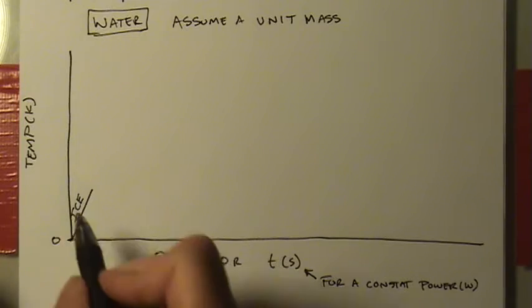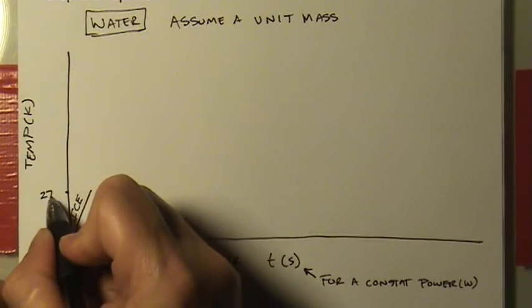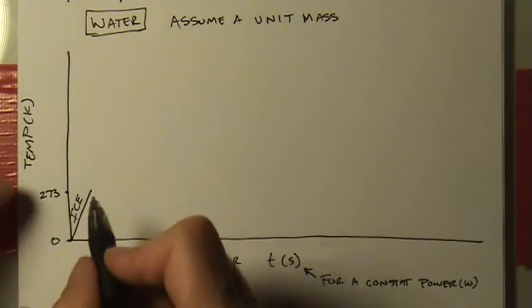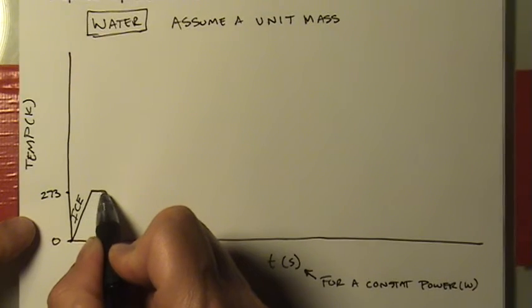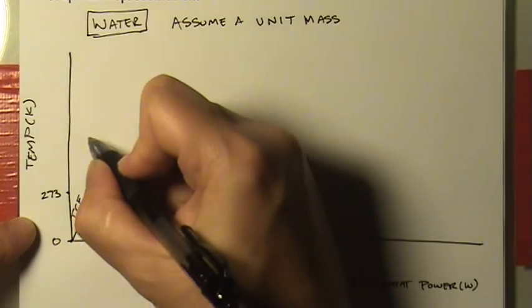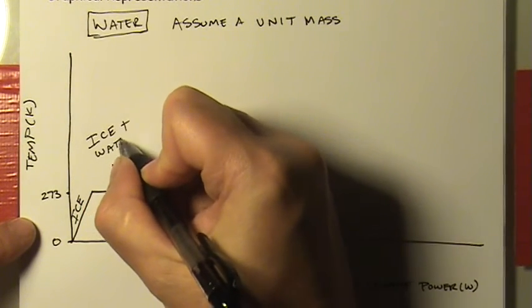Now what will eventually happen is we will reach a temperature of 273 degrees. This is the melting point of ice. And at that point, you would see the line flatten out. And for a short period of time, we would have a combination of ice plus water.